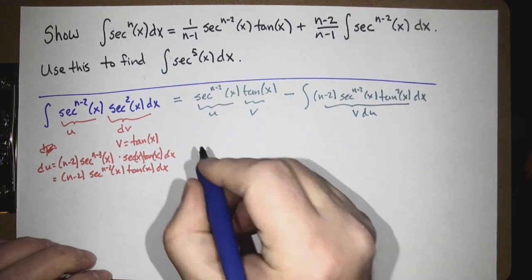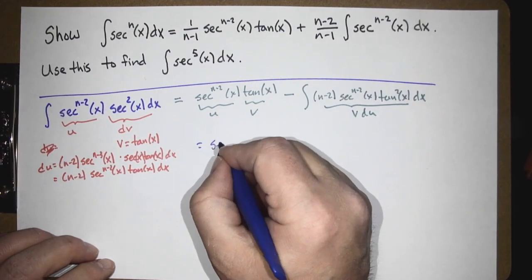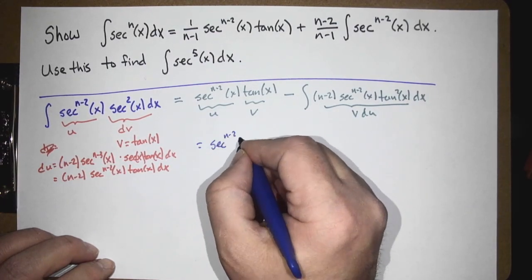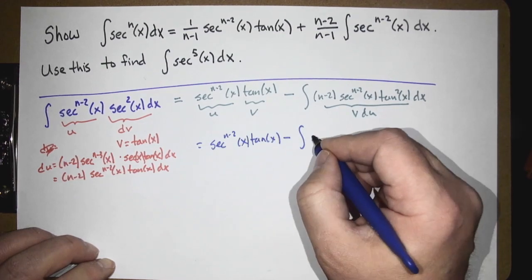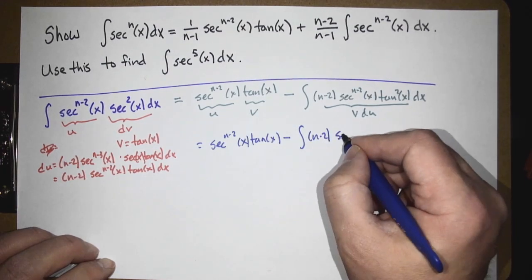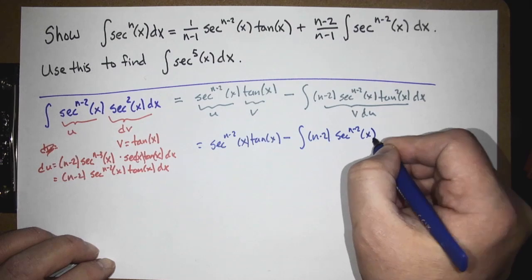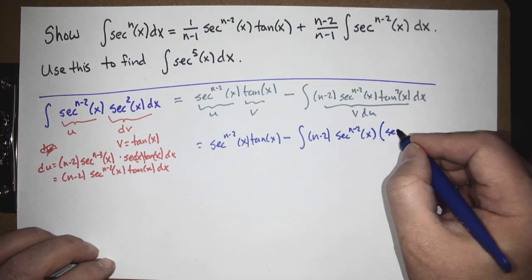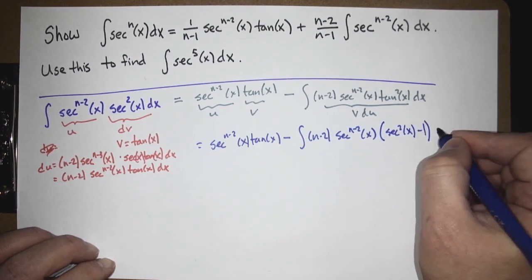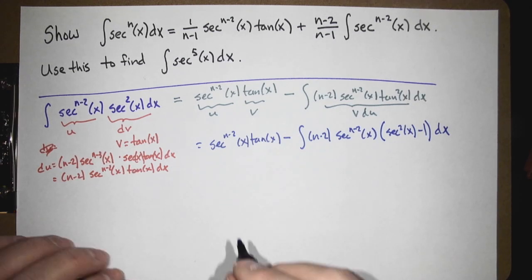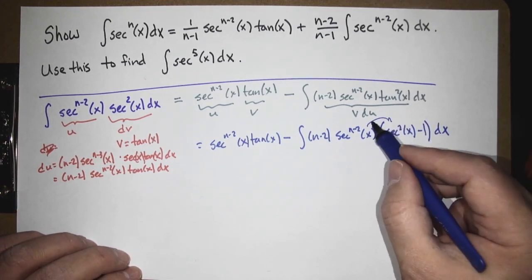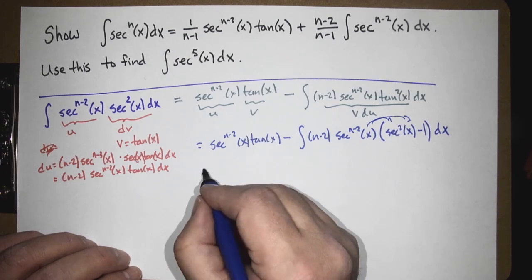So, we still have our term here, secant to the n minus 2 of x, tangent of x, minus the integral n minus 2, secant to the n minus 2 of x, times secant squared of x minus 1. Which we can distribute here and then pull apart into two integrals.